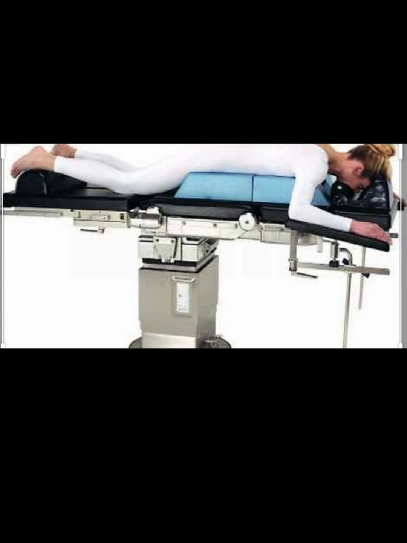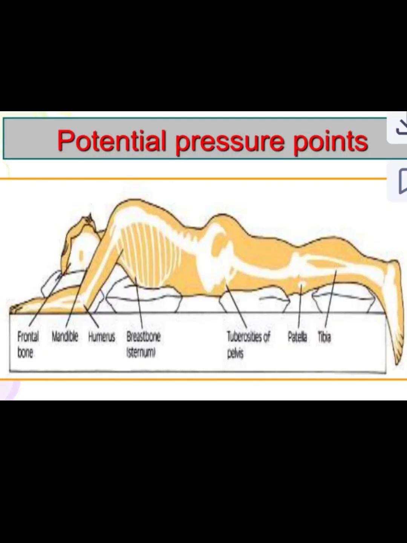For example laminectomy, which is a type of neurosurgery, where they operate on the lumbar and spinal cord side. Pressure points are forehead, eyes, chest, abdomen, elbows, knees, breast and genitalia. In these parts we have to give more concentration. This is the prone position.